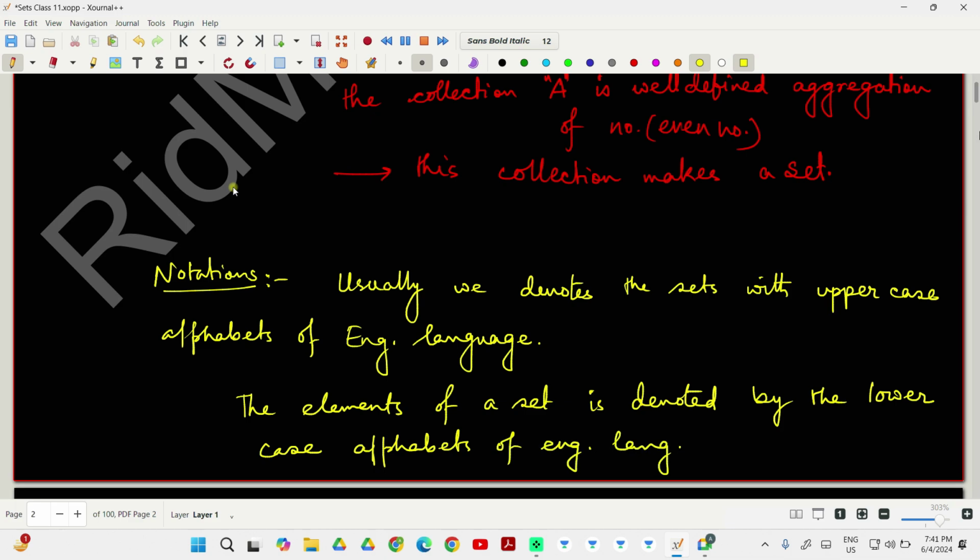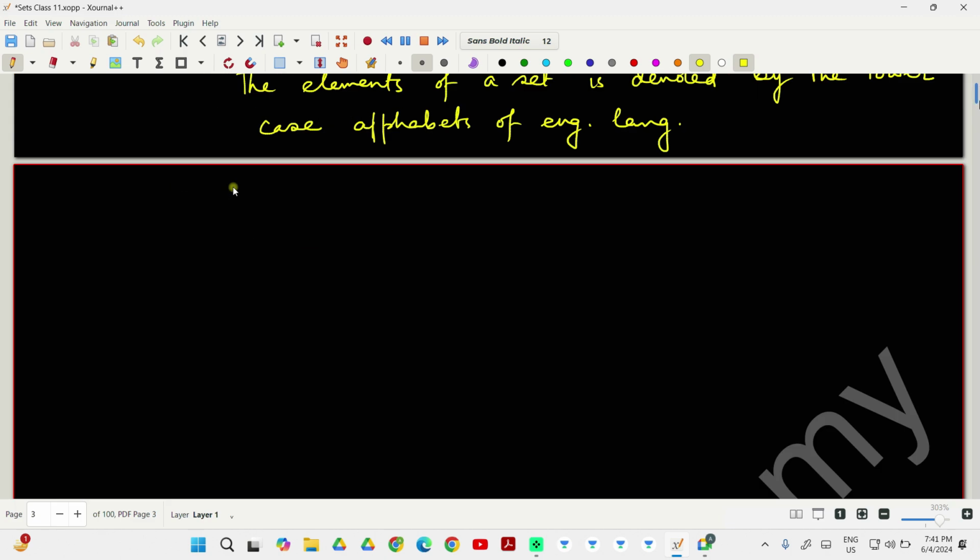So with the uppercase letters we denote the sets, and with the lowercase letters we denote the elements. Like, what is the example?